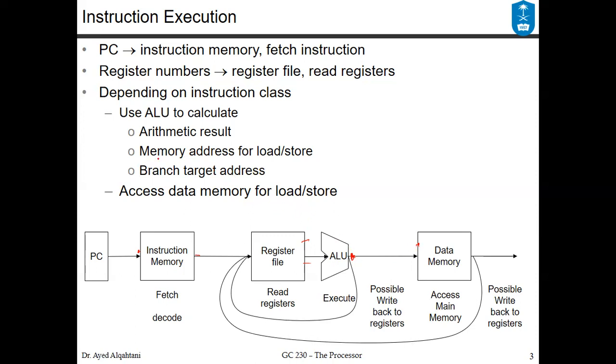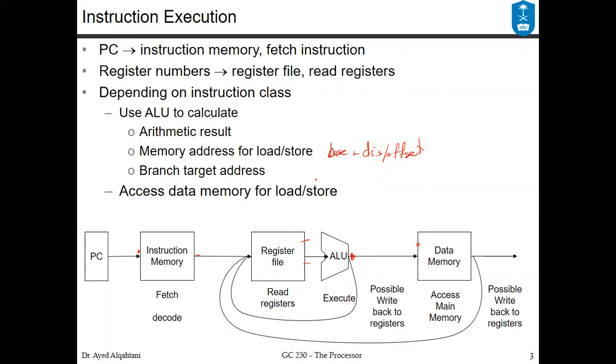So for the memory instructions, you do the base plus the displacement or the offset. Here you do the arithmetic instructions. We could also use the ALU to calculate the branch target address or compare registers.